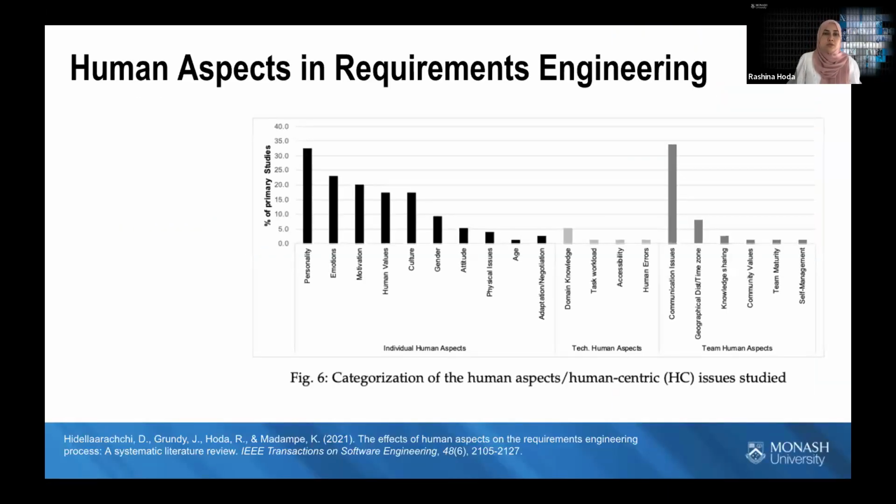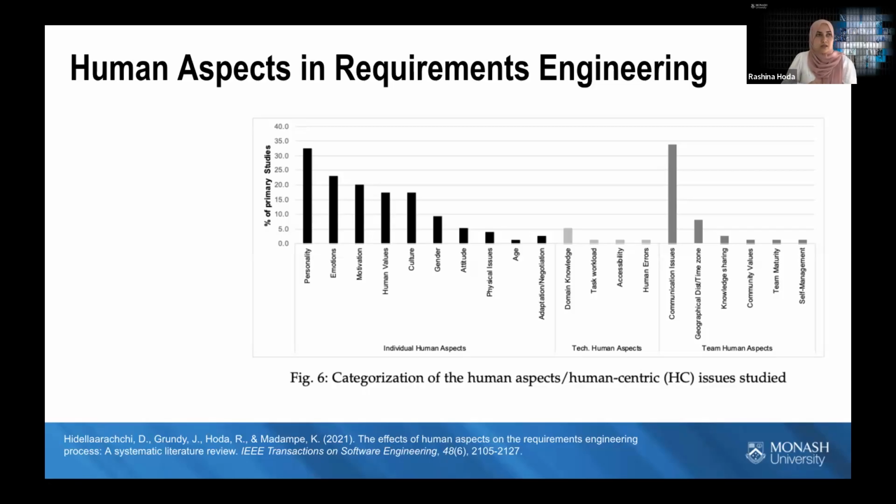Okay, so this here is a piece of work that was done here at Monash, and we looked at the idea of human aspects in requirements engineering. So what do we mean by human aspects? Now, we've talked about usability as a non-functional requirement, right? And we've talked about understanding and knowing the user because they are people.